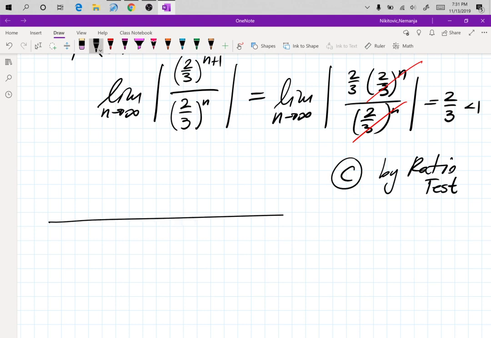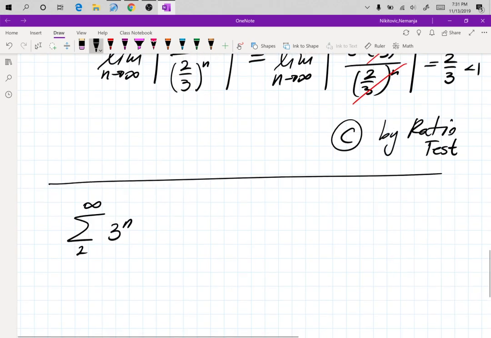Let's see what happens if I have the summation of 3 to the n. Let's start at, I don't know, 2. What do we know about this problem? Excellent. Can we do that a little bit faster?